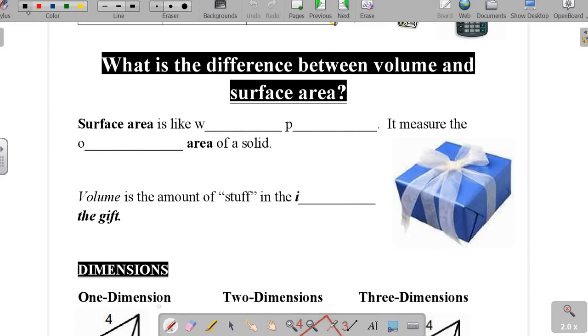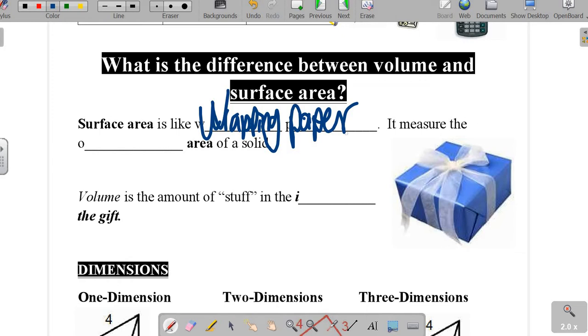If you have a gift here, surface area would be the area of the wrapping paper. If you were to unfold it, it'd be the area of the wrapping paper.